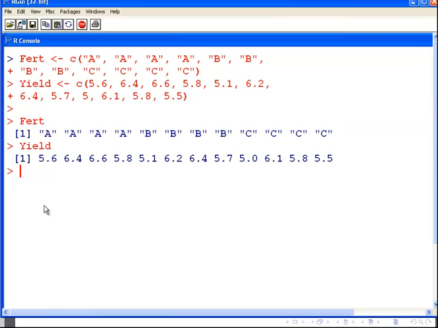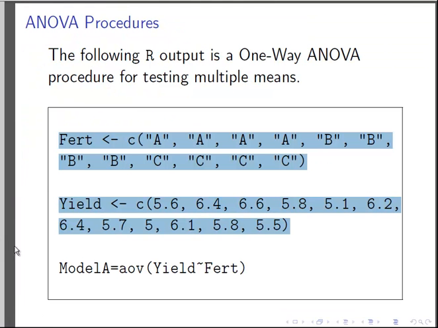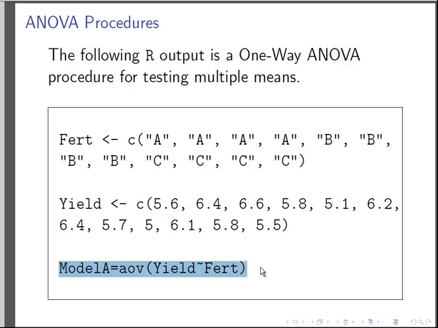Now there is a little matter to discuss. First off, the class of fert. This is a very useful command. It's a character, so it's actually not a factor. So this is not a good way of running this procedure, yield by fertilizer.